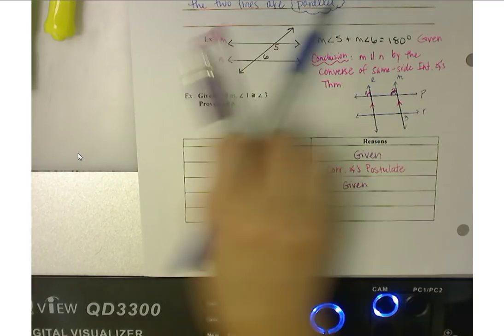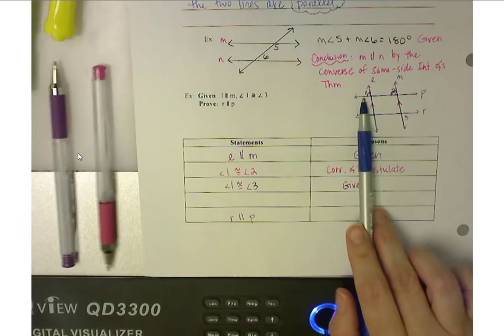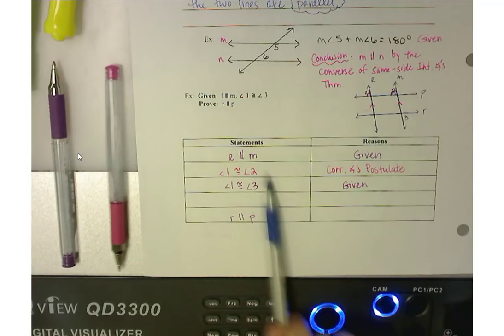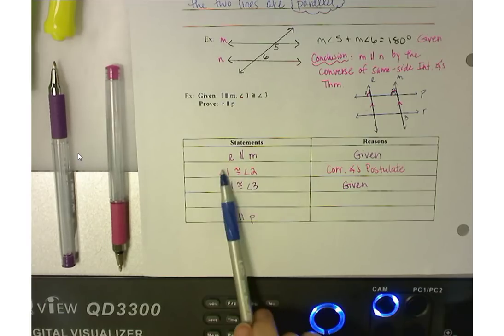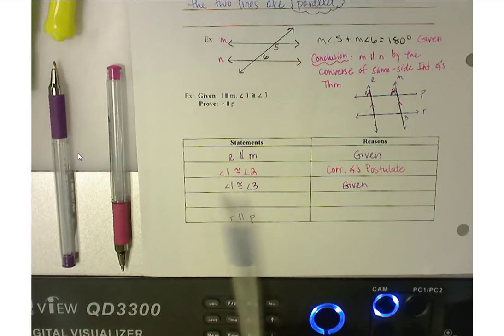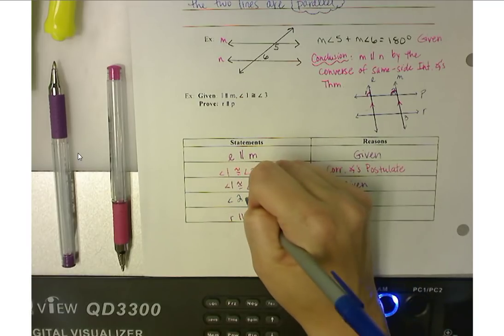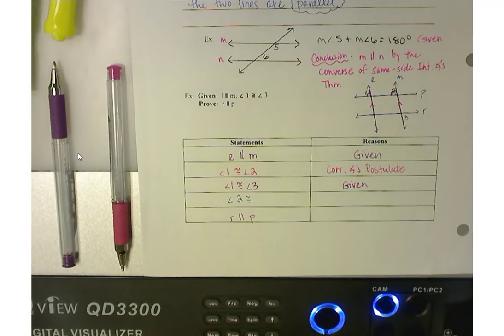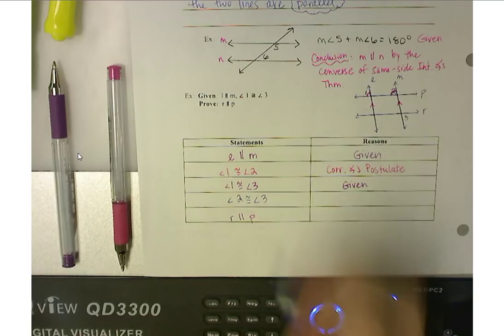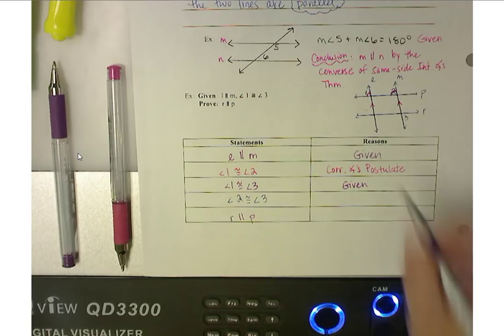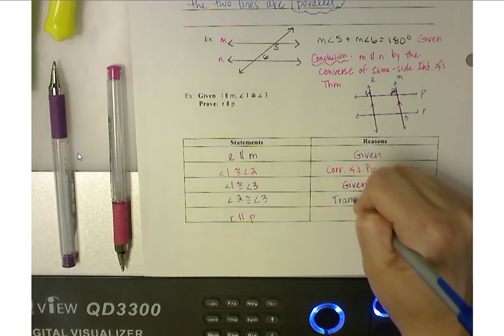So if we look, we have 1 is congruent to 2, we have 1 is congruent to 3. If you look at these two statements, you have two angles that are congruent to 1, okay? Which means if they're congruent to the same angle, they have to be congruent to each other. So because 1 is congruent to both 2 and 3, they're congruent to each other, and that is the transitive property.